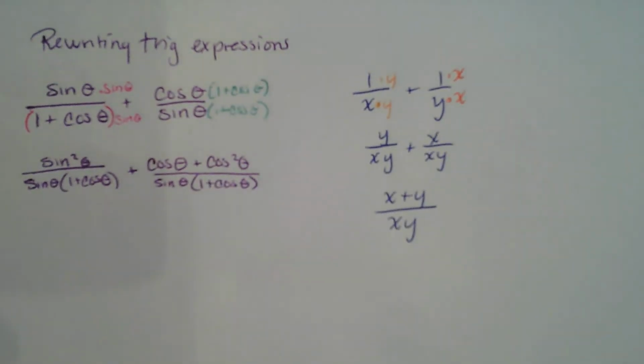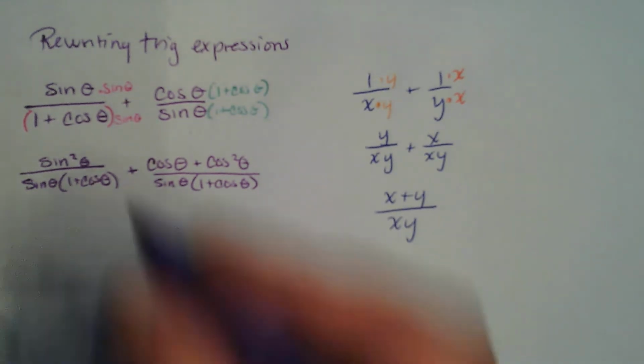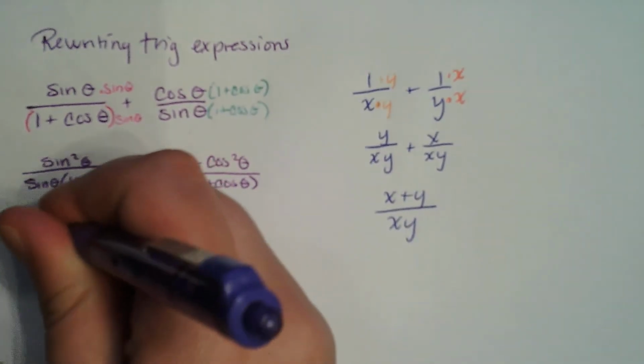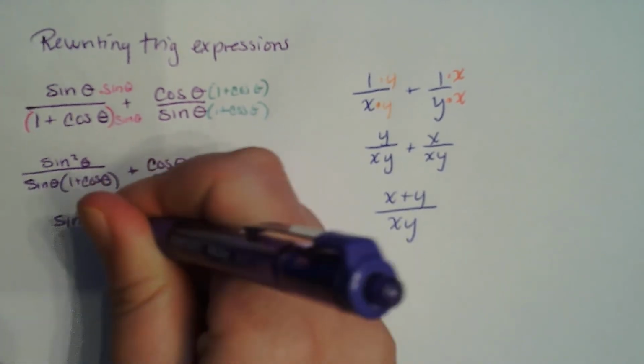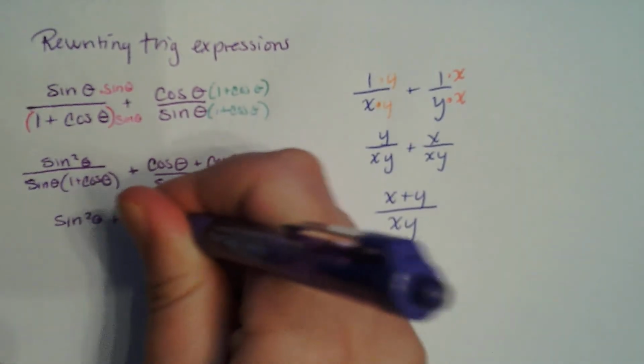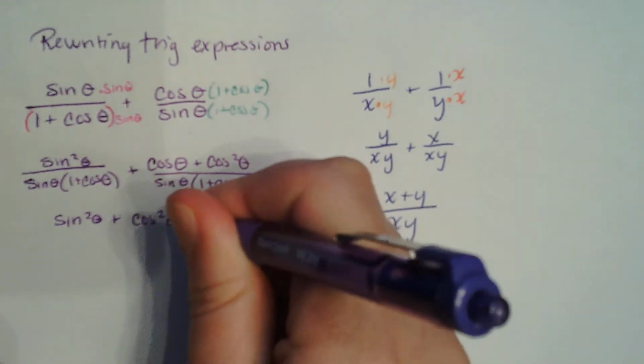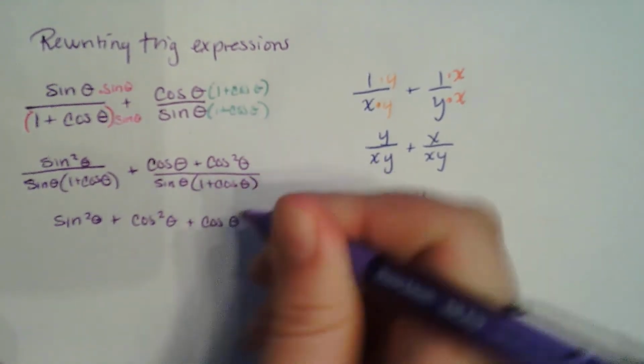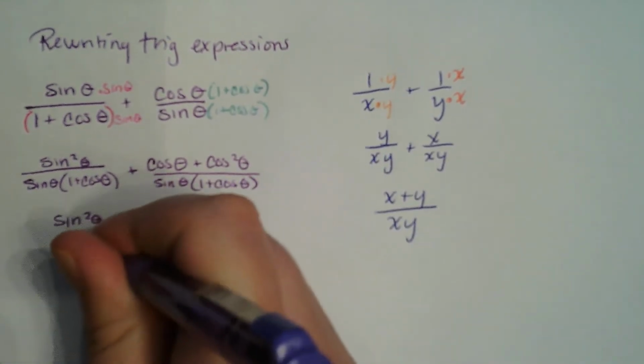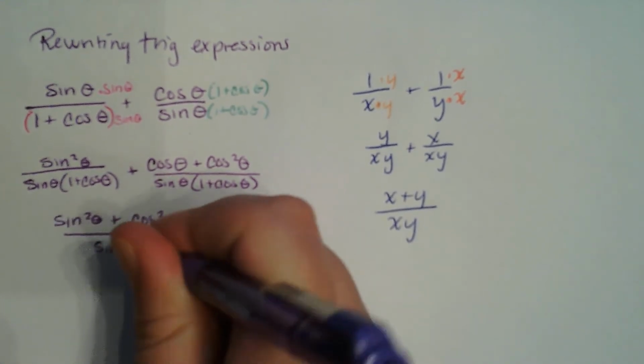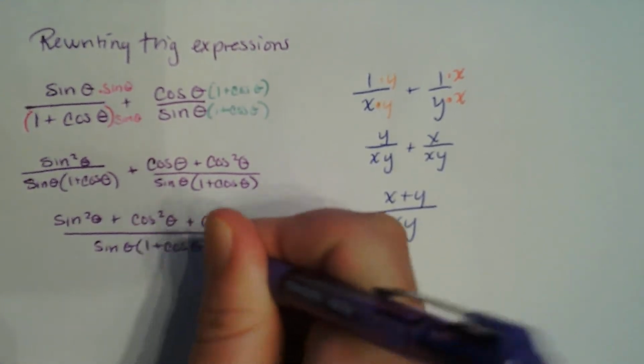So we successfully made the bottoms match, and once they've matched, now we can put them together, which is exactly what we're going to do. Sine squared theta plus, I'm going to swap those two, cosine squared theta plus cosine theta, all over sine theta times 1 plus cosine theta.